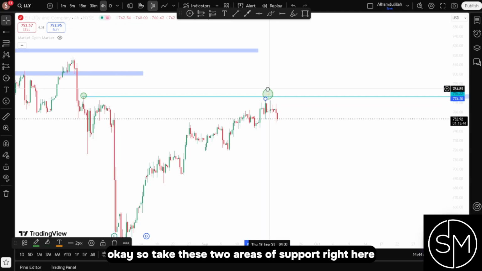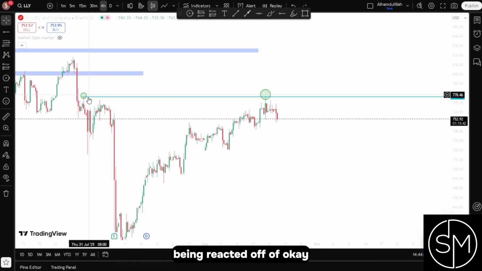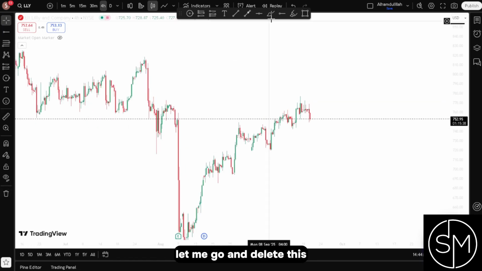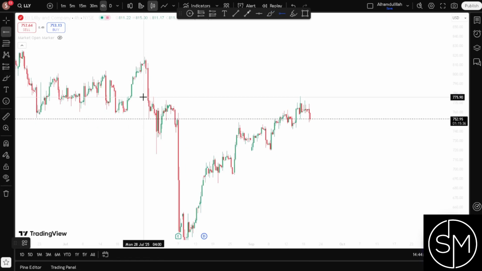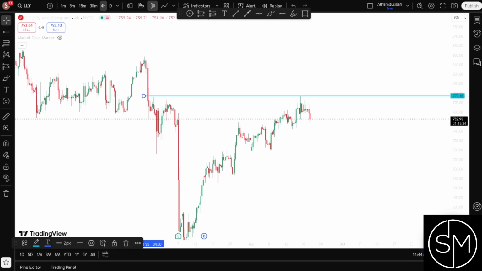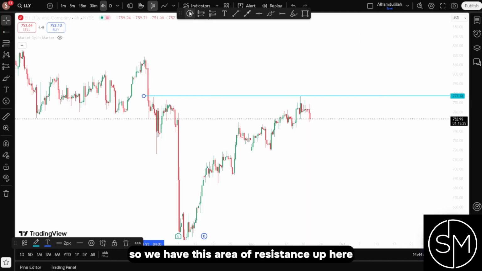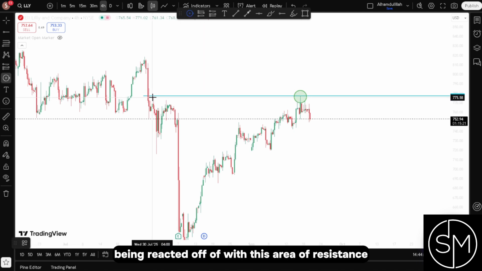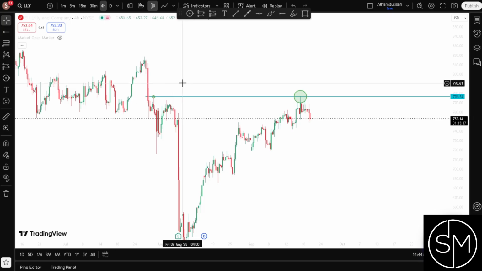So take these two areas of support right here being reacted off of. Let me go ahead and delete this. So we have this area of resistance up here being reacted off of with this area of resistance.